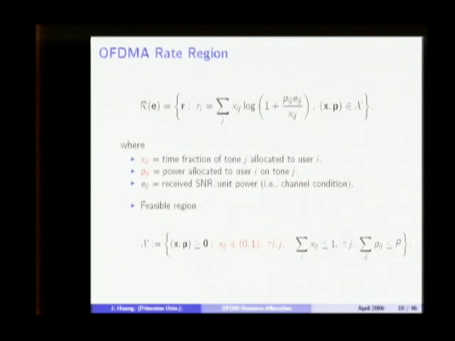This is an integer constraint, which is difficult because it makes the problem defined later a non-convex problem. The second is that the summation of xij over all users i on a particular tone j should be less than 1, which essentially, as I said, means assigned to one user or no user at all. And because this is a downlink transmission, the transmission power allocated to all users on all tones should be less than the total power constraint at the base station.